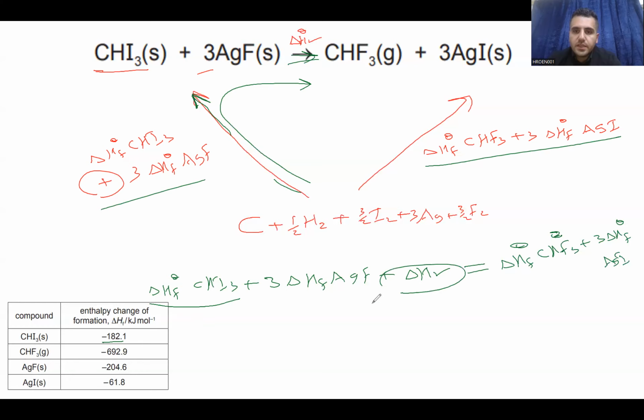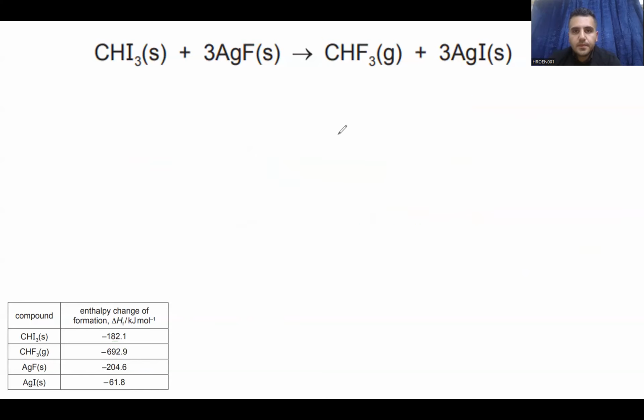We can find delta HR. But don't forget, for example here, delta HF of AgF, minus 204.6, will be multiplied by 3 because we have 3 moles of it. Okay, guys? And that's it. Let's move to the next question.